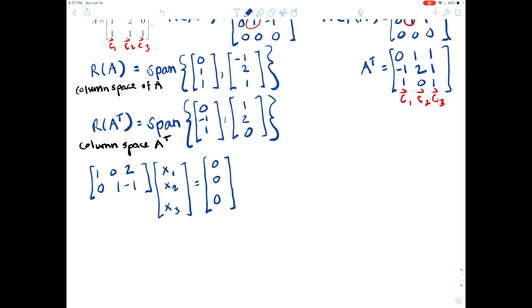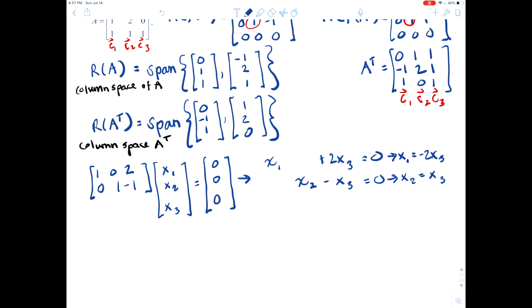So we get x1 plus 2x3 is 0, and x2 minus x3 is 0. So x1 equals negative 2x3, and x2 equals x3, right?